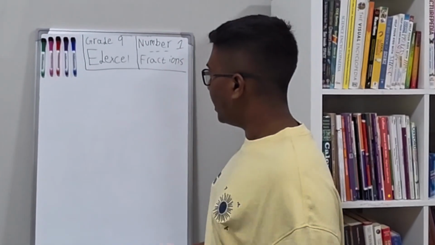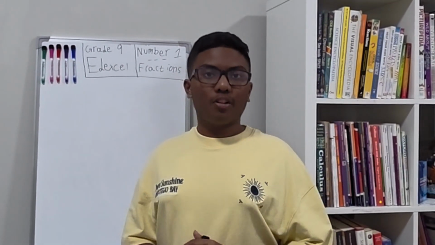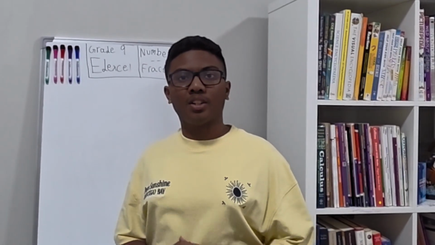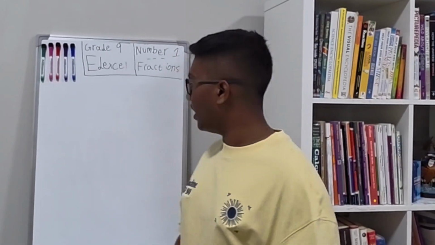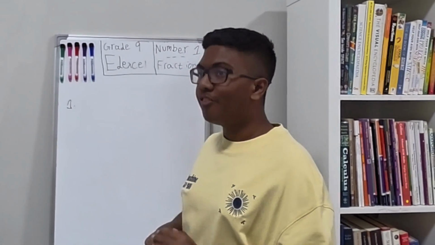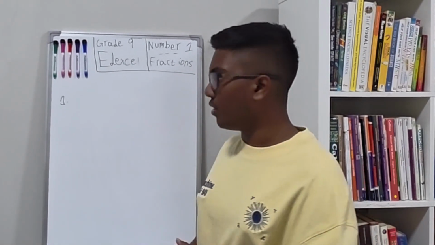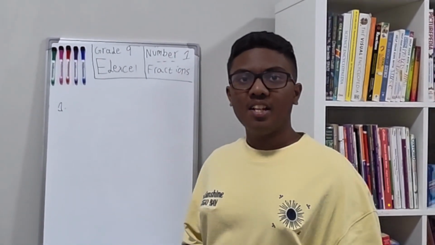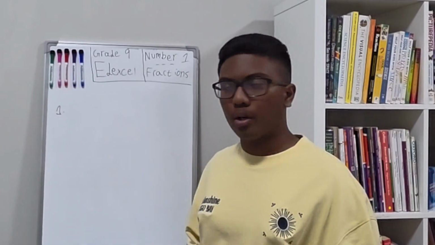Now we'll be covering some more advanced topics, including improper fractions and mixed fractions. First of all, you have to know that there are 3 types of fractions. The first one are proper fractions. Proper fractions are fractions where the numerator, the number on the top, is less or equal to the denominator, the number on the bottom.